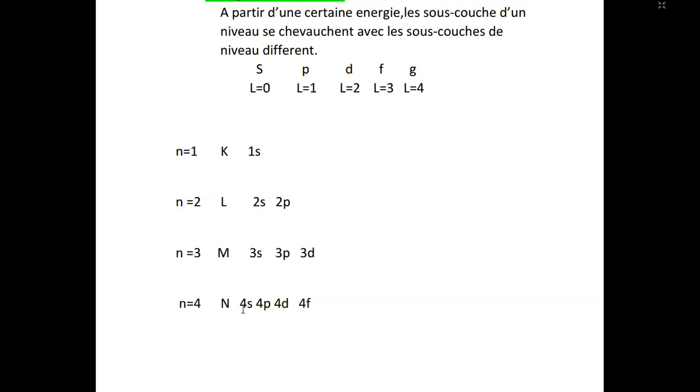We fill according to how n plus L is increasing, so 4s comes first. Then after I write 4s, that's when I go to 3d. So 3d is 3 plus 2, which is 5, and 4p is 4 plus 1, since p corresponds to L equal to 1, which is also 5. So it will be 4s, 3d, then 4p.